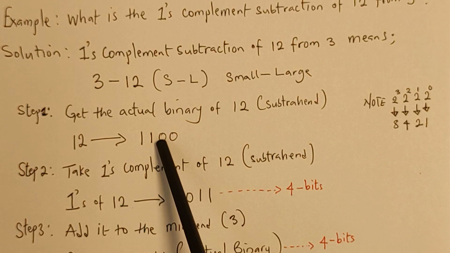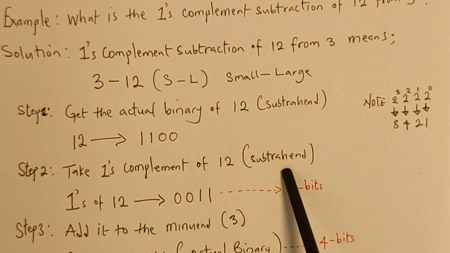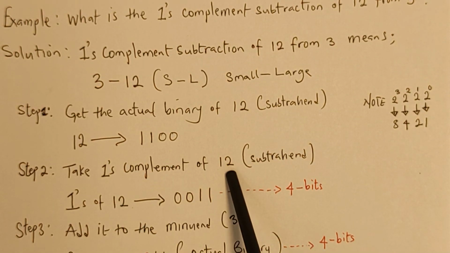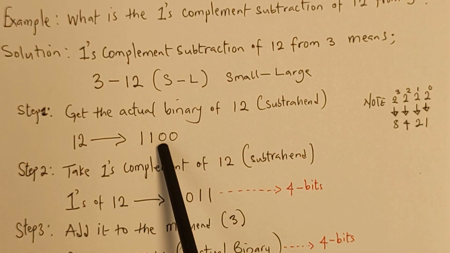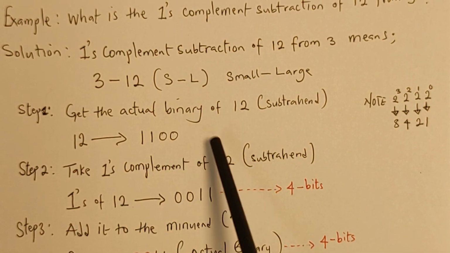Once we've done that, the next thing we need to do is to take the 1's complement of 12. 12 is nothing but the subtrahend. Complement means inverse. So taking the complement of this binary value means to take the inverse.